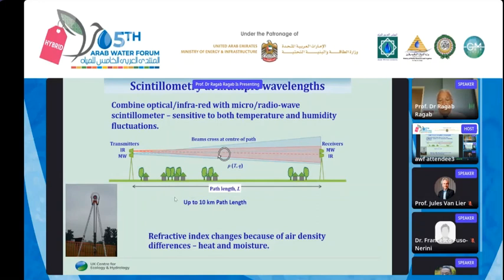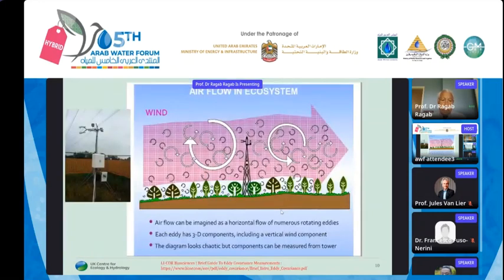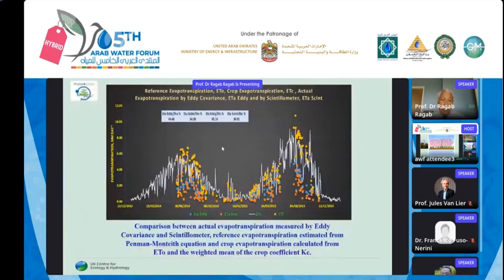We can run that up to 10 kilometers, or use it for a shorter distance. The other instrument is the eddy covariance, where we measure the flow between these sensors, and all those eddies. We calculate the integrated flow across the sensors, and from that also calculate the actual evapotranspiration, and we use it as crop water requirements.